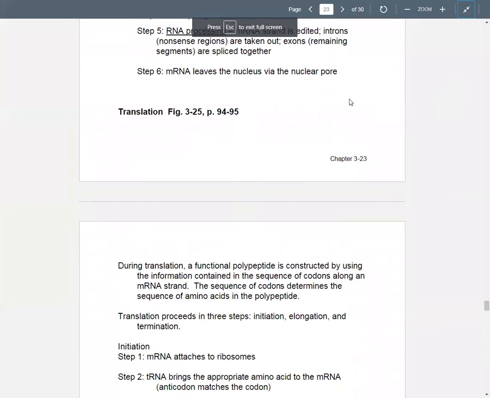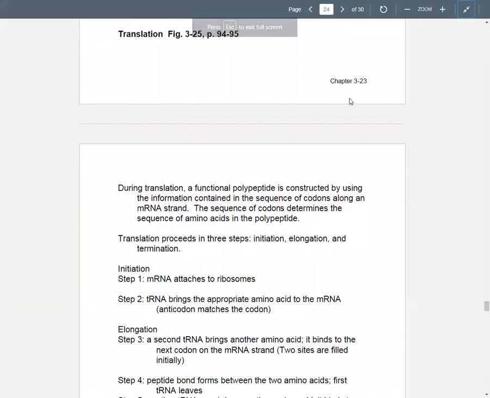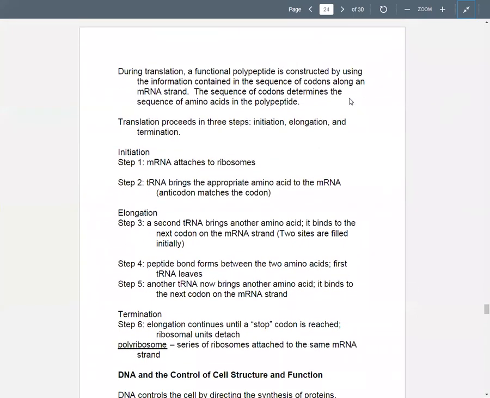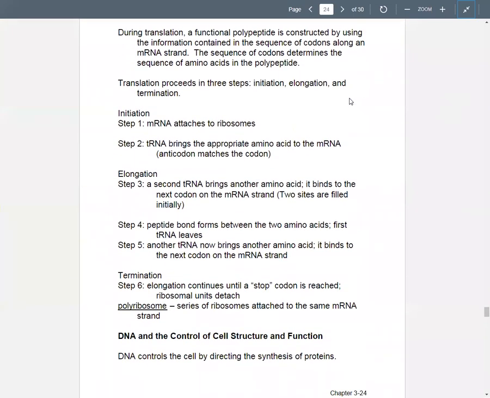All right. So let's talk about translation now. So this is a process where mRNA strands are used to make protein or polypeptides. So during translation, you're going to make what we call a functional polypeptide using the information in that mRNA sequence. All right, so the sequence of codons in the mRNA will determine the sequence of amino acids in your polypeptide.